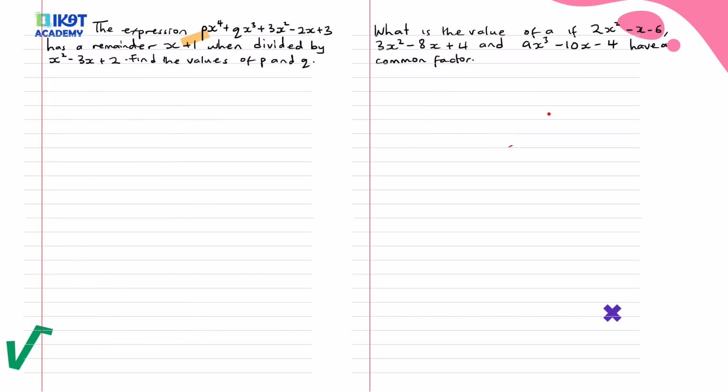Okay, now we have the expression px to the power 4 plus qx cubed plus 3x squared minus 2x plus 3. This has a remainder of x plus 1 when divided by this. So it's the same pattern for all these questions. So the same thing we've been doing, we equate this to 0, so this becomes x squared minus 3x plus 2 is equal to 0.